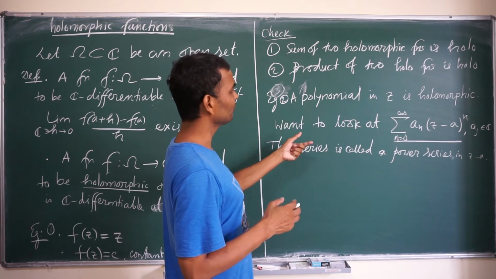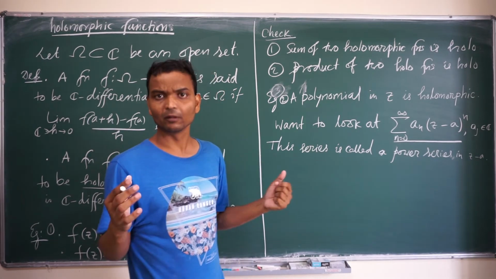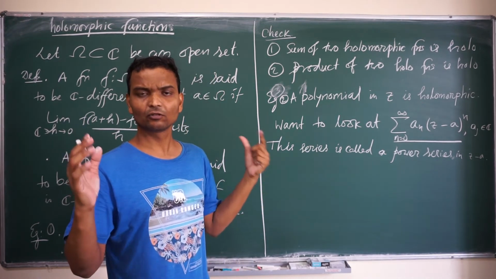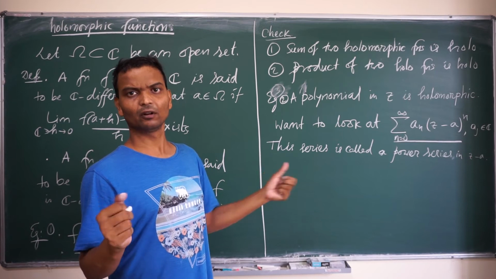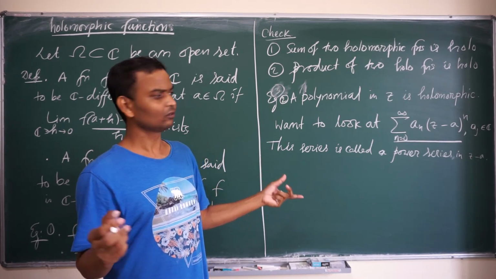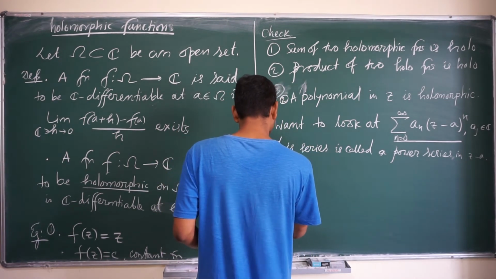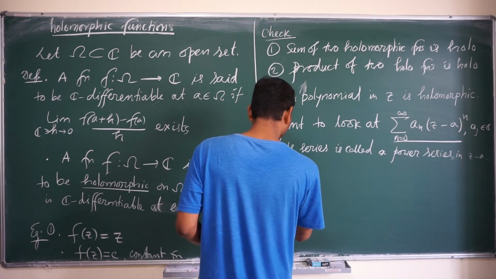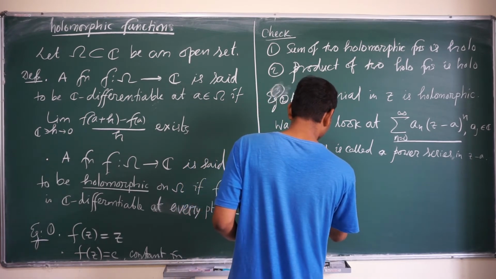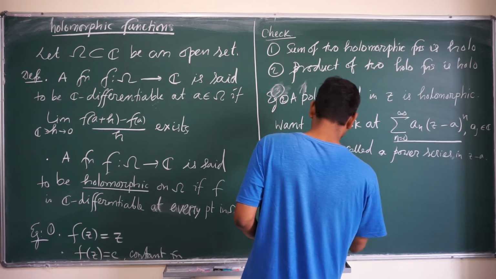Now, if you look at an infinite series, then convergence is a big problem. So one has to talk about convergence. What kind of convergence would you like to take? So we now fix the notions of convergence that we would like.